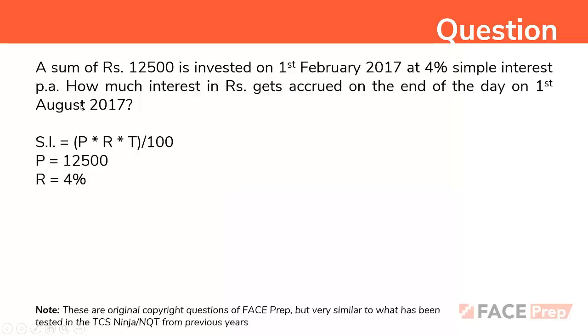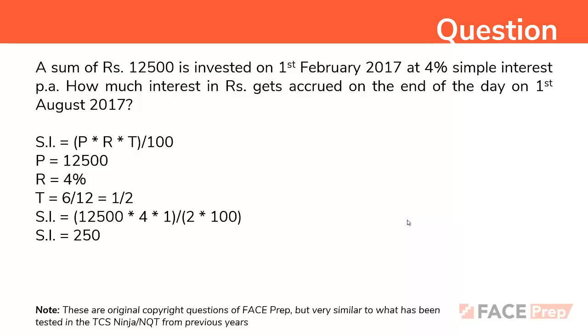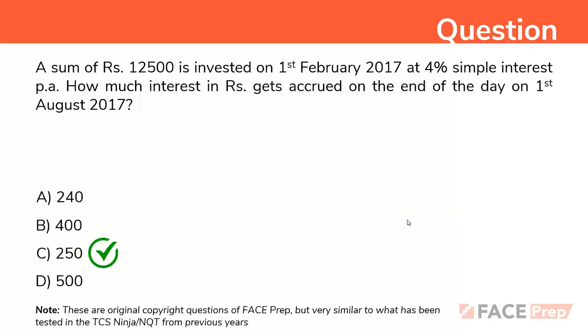We have to divide by the 12 months here. So 6 by 12 is nothing but 1 by 2. If you put 6 directly in the formula, it will give you a wrong value, and that's what happened while attempting the test. Hence the answer would be 250 if you solve this. Hence option C is correct.